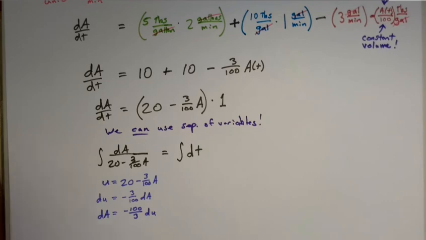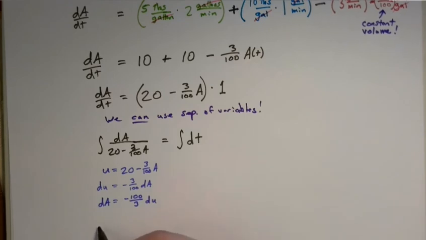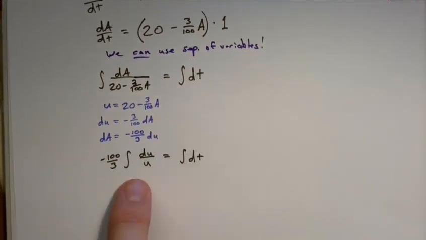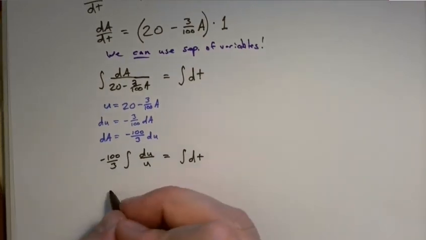And with a little bit of monkeying around here, you wind up with negative 100 over 3 times the integral of du over u equals the integral of dt. This side's not too tough. That's just the natural log.